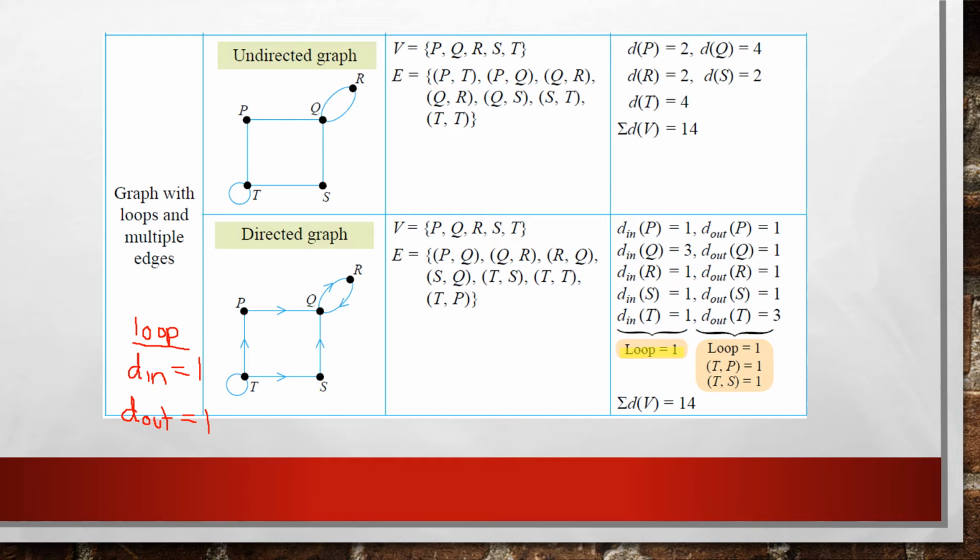For degree in T, you have 1, and degree out T, you have 3. 1 comes from the loop, 1 is from the line TP, 1 from the line TS. Take note, a loop has 1 degree in and 1 degree out. So the total sum of degree is 14.